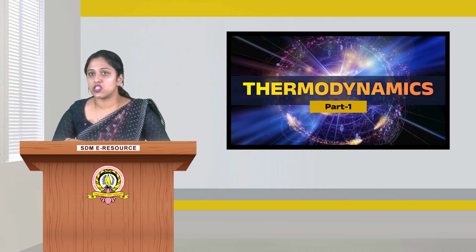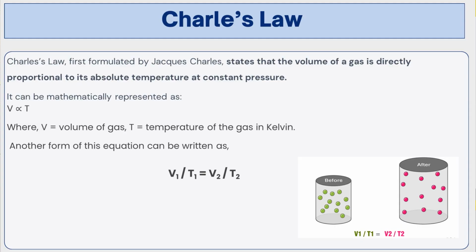Next comes Charles's law. According to this law, the volume of a gas is directly proportional to its absolute temperature at constant pressure. It can be mathematically represented as V proportional to T, or we can also write it as V1 by T1 is equal to V2 by T2.